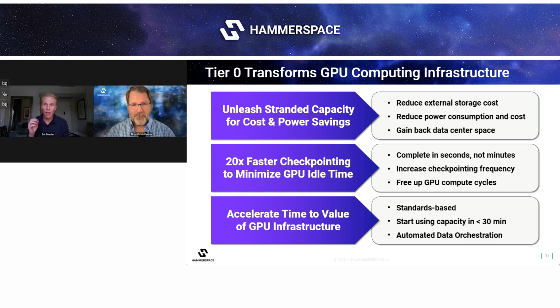By using that very fast local NVMe storage along with this new NFS protocol bypass capability, you can speed up checkpointing and get this ultra low latency tier of shared storage. And lastly, you can bring it online in a matter of minutes. You can accelerate time to value and get a better return on that investment that you're making in your infrastructure. So that's tier 0. And it's what I think we're most excited about in terms of our version 5.1 software.